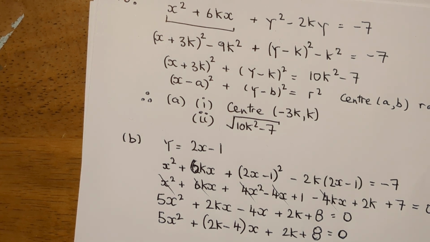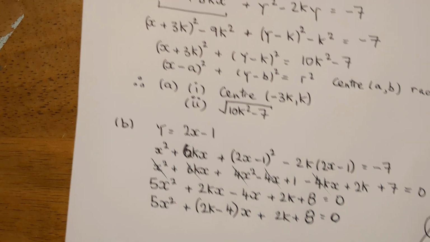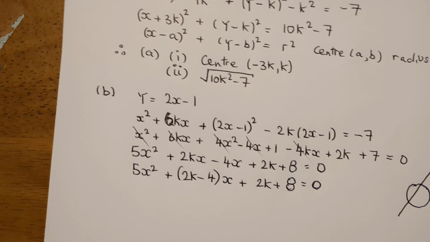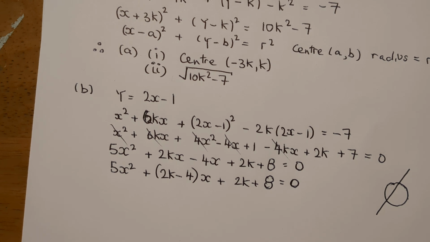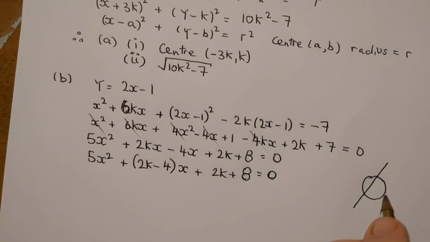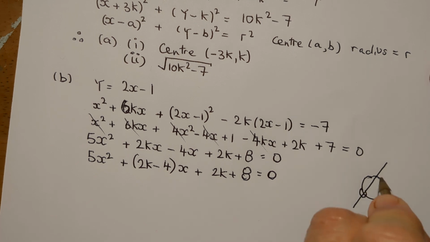Now the idea is, we've got this circle and we've got this line, and the idea is that the circle and the line meet twice.